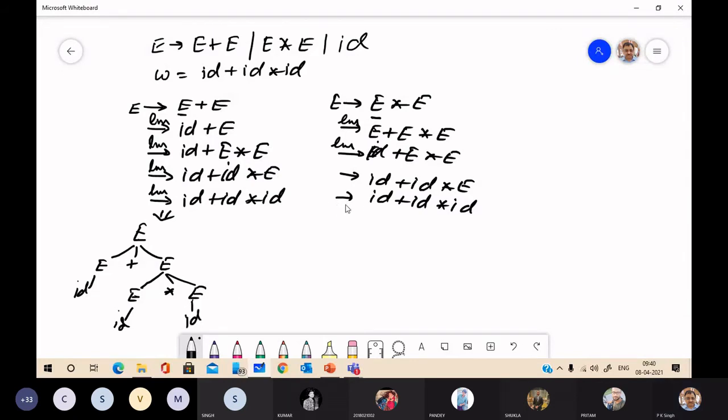Here, for this E to E asterisk E, this E to E plus E, and this is id, this is id, this is id.